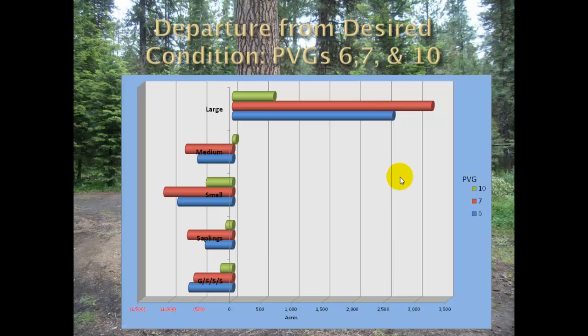So I think as the committee has struggled with what to do with PVG 7 and 10, there is some agreement that there is an ecological basis for doing some treatment. These conditions have departed from historical conditions. It probably does not represent the most resilient stand conditions, nor does it create a diversified network of habitat across the 50,000 acres within those PVGs.